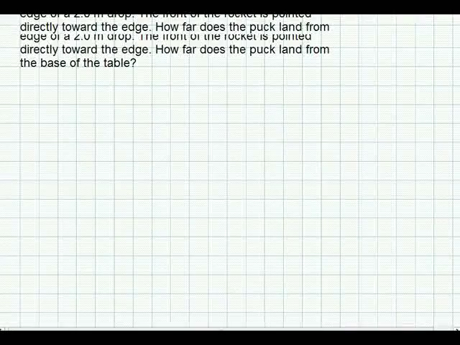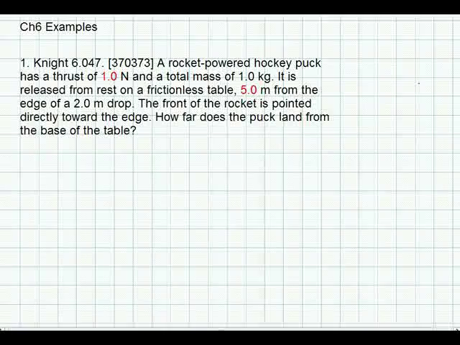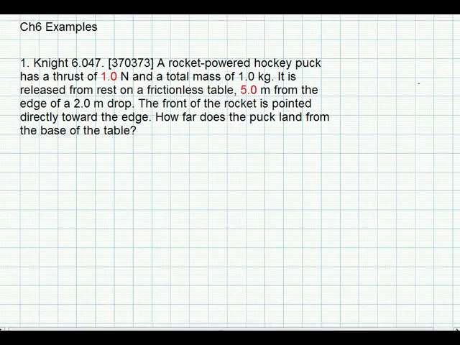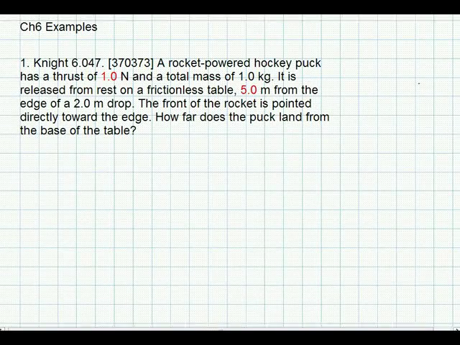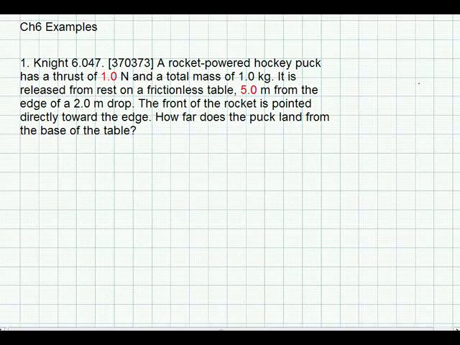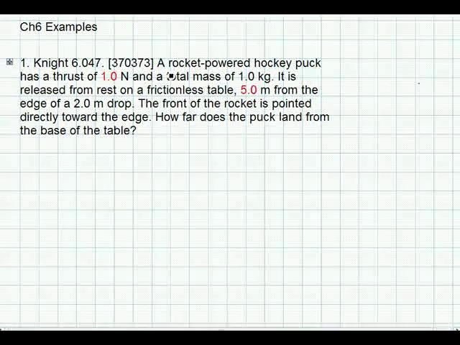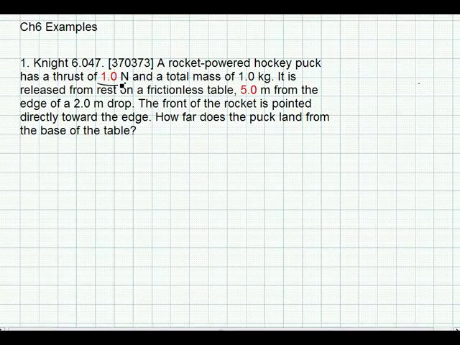Alright, let's take a look at some two-dimensional motion problems. Here we have something that everyone has in his garage, a rocket-powered hockey puck. We're told that the rocket-powered hockey puck has a thrust force of 1 Newton, and we're given its mass. It is released from rest on a frictionless table 5 meters from the edge of a 2-meter drop.